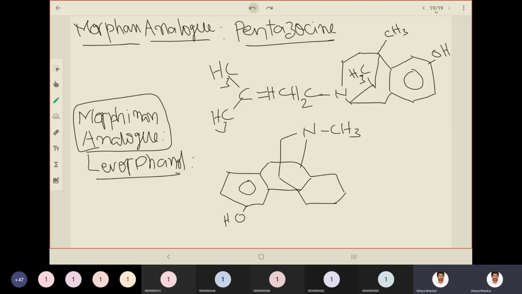It is a salt of tartrate, right? Levorphanol tartrate. We saw the structure of citrate earlier. Now let us see how tartrate looks like. Okay, it is a salt of tartrate, which is looking like this. Do you remember anything from biochemistry?